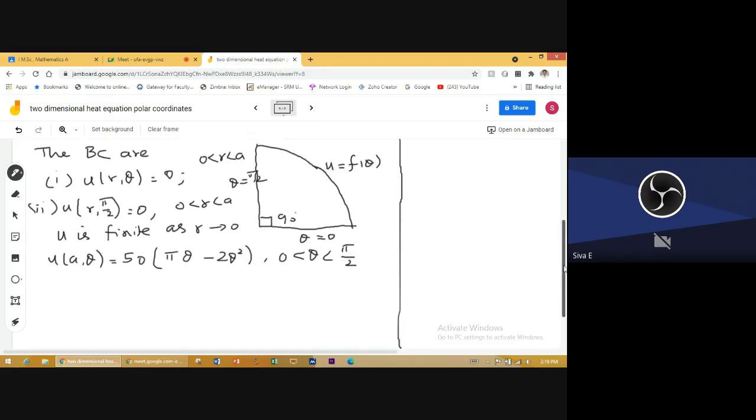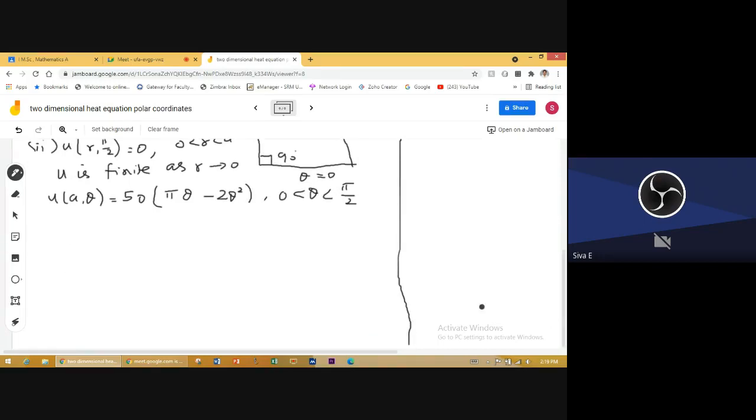Now, what is the two-dimensional heat equation in polar coordinates?